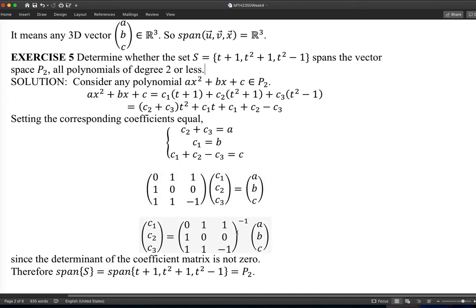So for any polynomial of degree 2 or less, we can always find a unique set of solutions such that this polynomial can be written as a linear combination of those three. So indeed, the answer for exercise 5 is true. The span of the set is the vector space P2, the vector space of all polynomials of degree 2 or less.